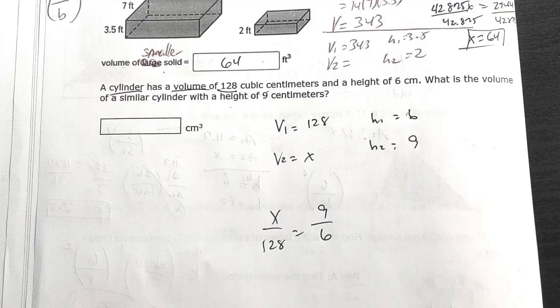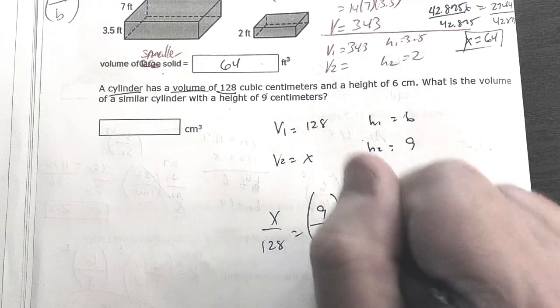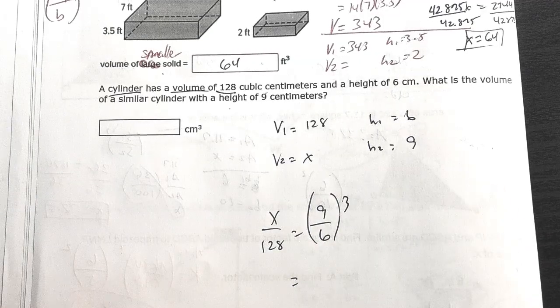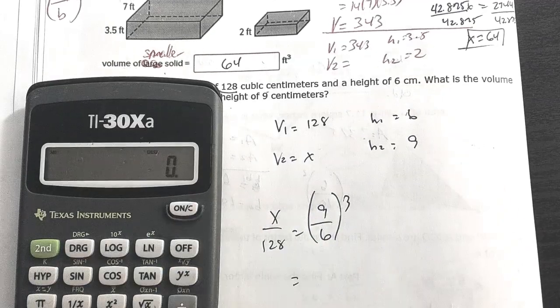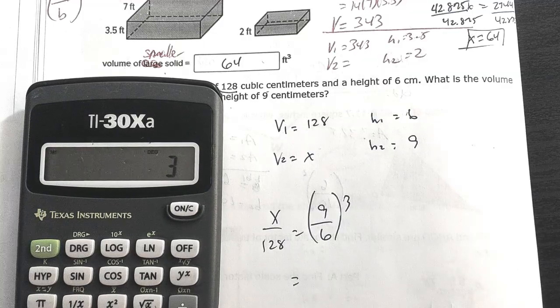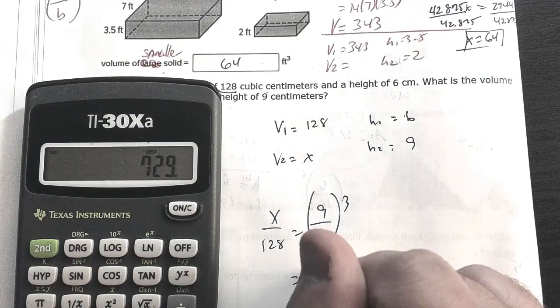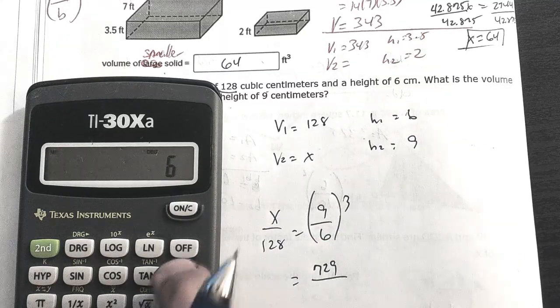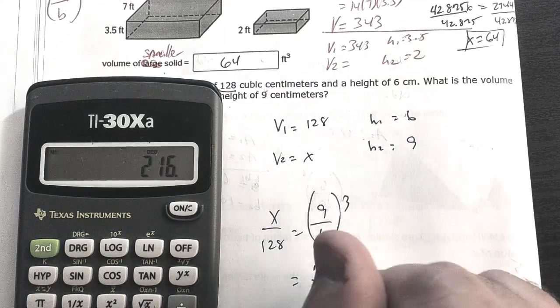Yeah, that's right. Okay, so we've got to cube these. I mean these 2. So just to show you, 9, and this tells it I'm going to give you the exponent, which is to the 3rd power. So 9 cubed is 729. 6 cubed is 216.